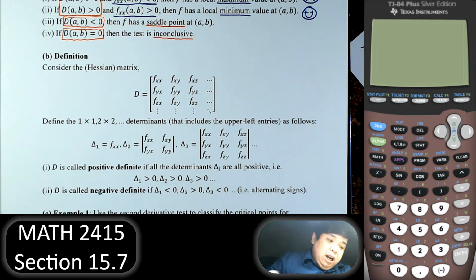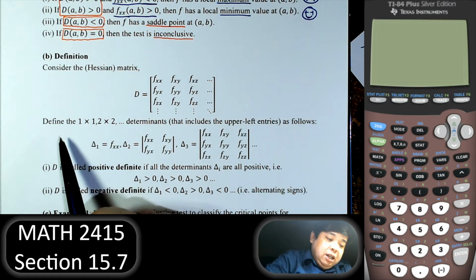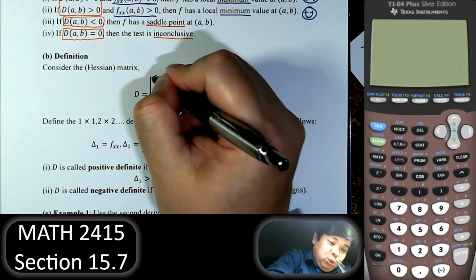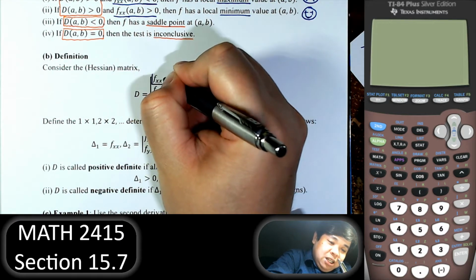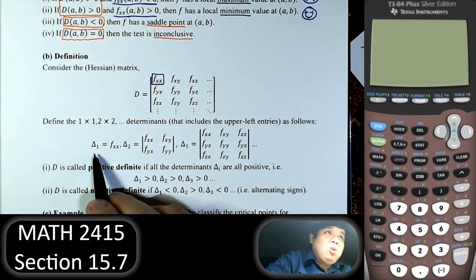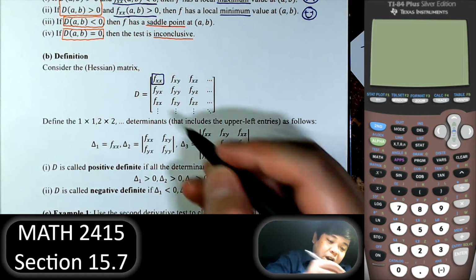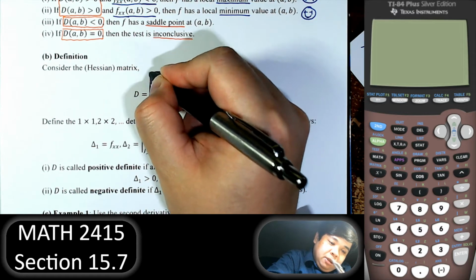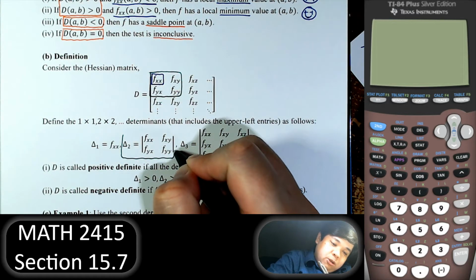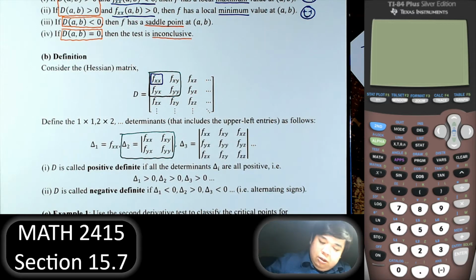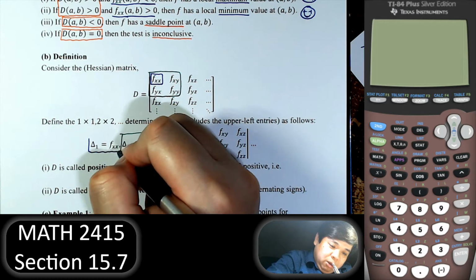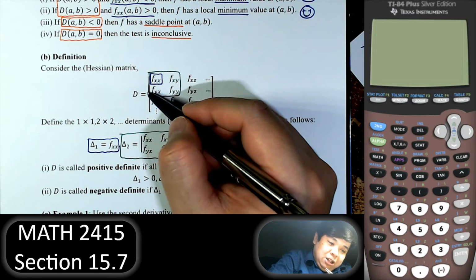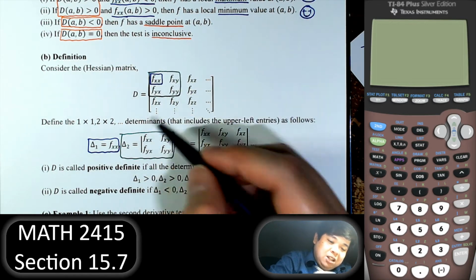After that, we define the determinants one by one. So we take the top entry to be delta 1, and we find the determinant of the 2 by 2 to be delta 2.